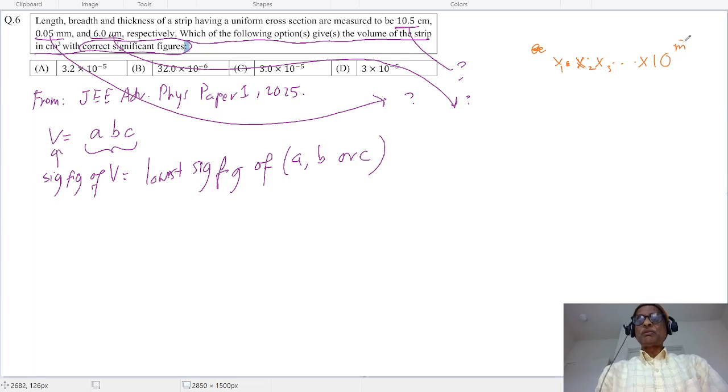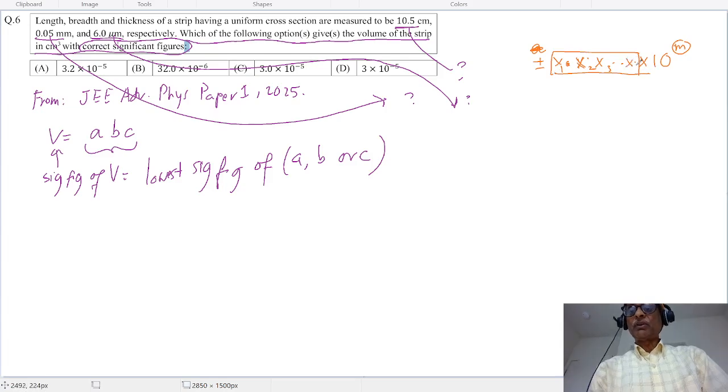The exponent can be positive or negative, and everything here is positive. When you write a number like this, it is called scientific notation, and then you can tell significant digits from here.